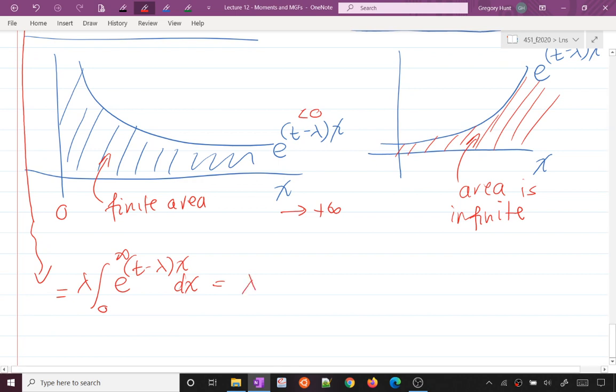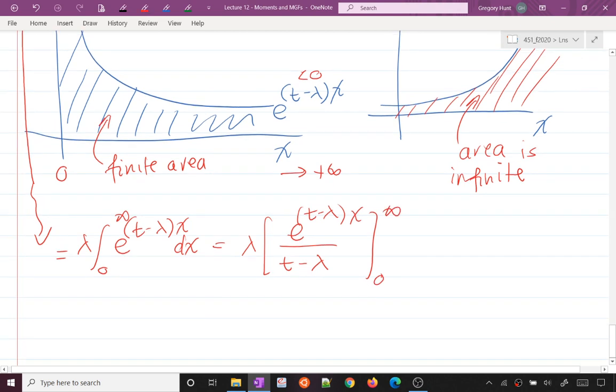If I had an integral from a to b, we would have a t minus lambda in the bottom, and it would be e to the (t minus lambda) x up top, and we evaluate this from 0 to infinity. That's the antiderivative.